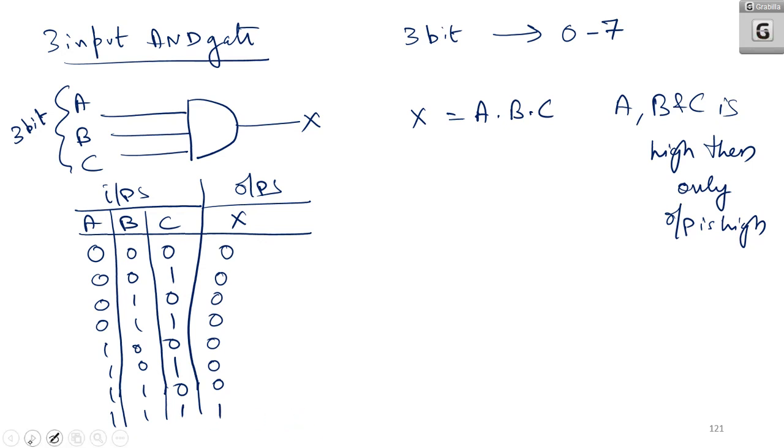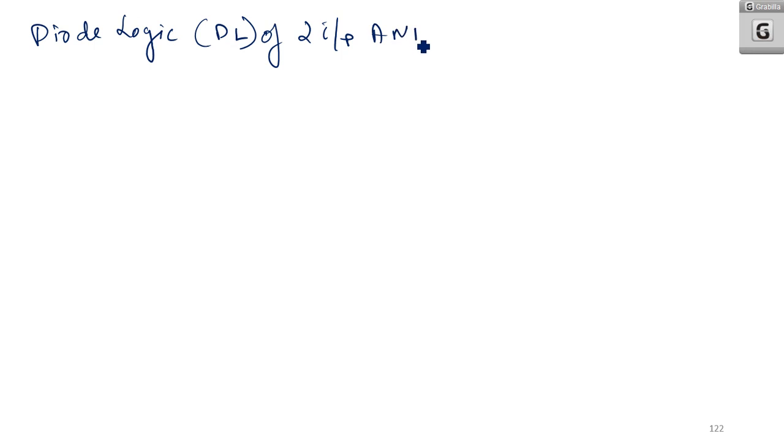Now coming into a basic diode logic, or DL, of two input AND gate. Okay.